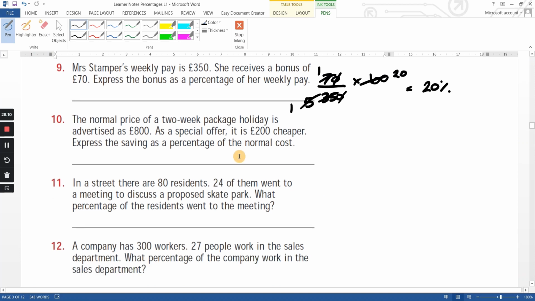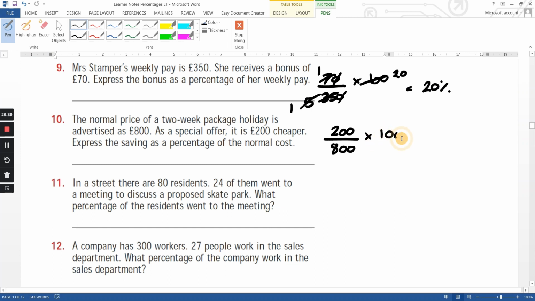Number 10. Normal price for a 2-week package holiday advertised is £800. As a special offer, it is £200 cheaper. Express the saving as a percentage of the normal cost. Well, the saving is this, isn't it? £200. That's the saving out of the normal cost. Well, the normal cost is £800, and you want that as a percentage.